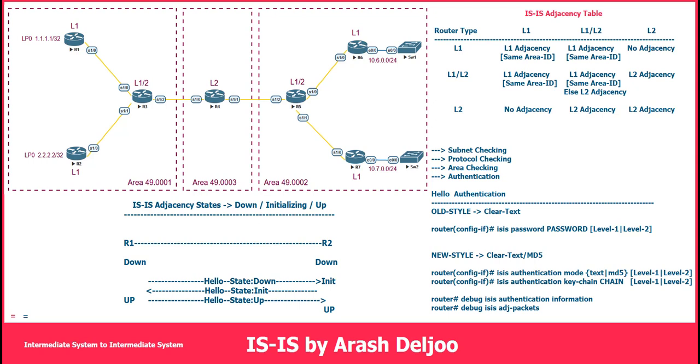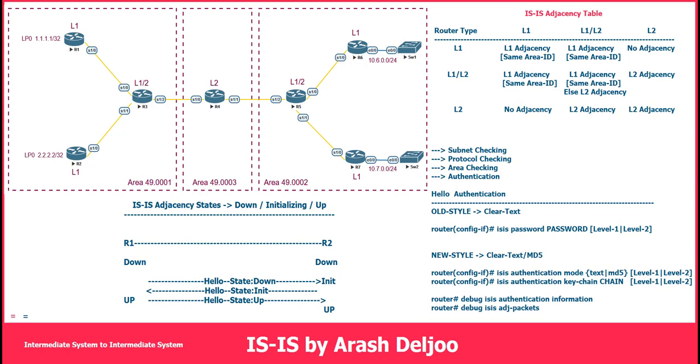Okay, in IS-IS we have the same process. After establishing neighborship, each router, for example R1 and R2 in this example, should send its hello message at specified intervals. We call it the hello interval. And we have another feature, which we call hold time or dead time.